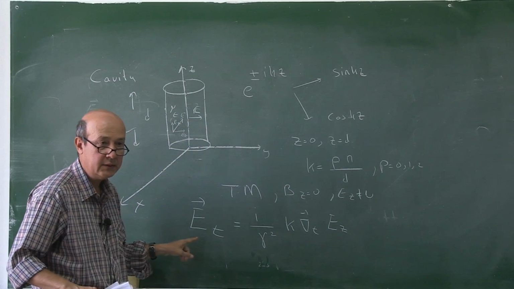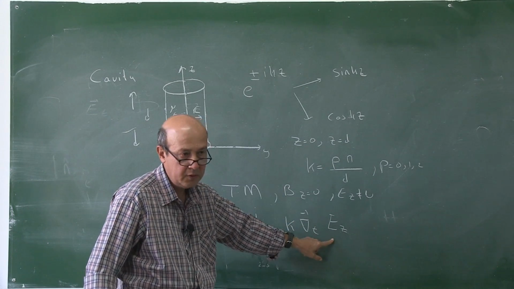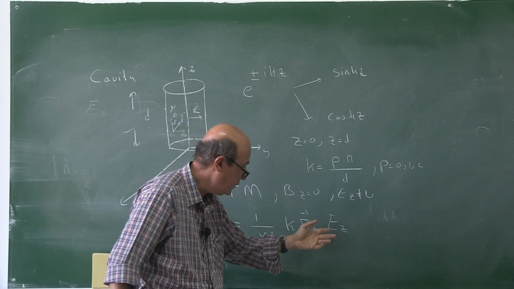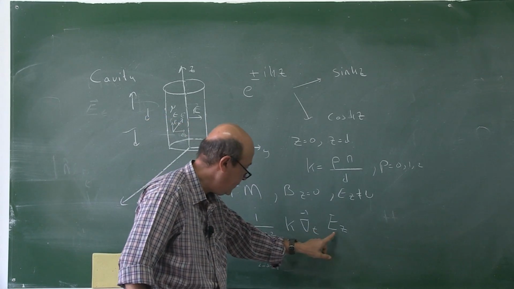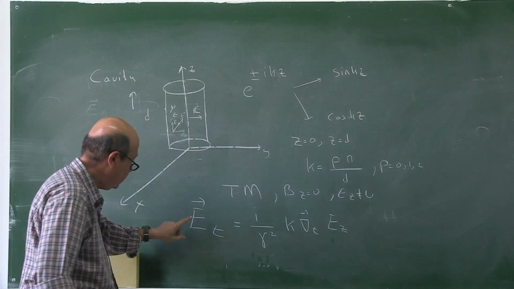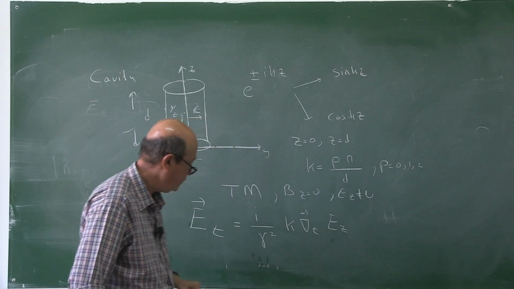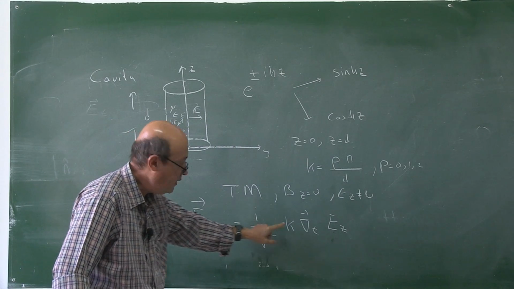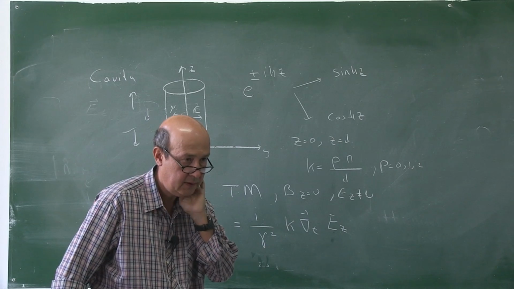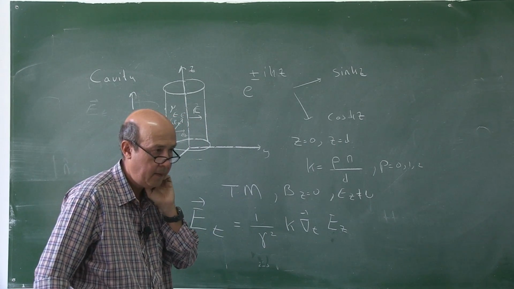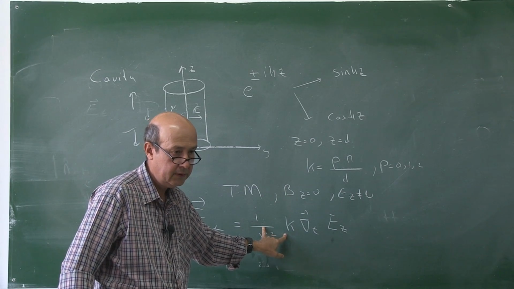Do you remember this? We are using this all the time. For Ez, we use psi for TM or TE modes, but for TM, psi is nothing but Ez. So E transverse is related to the gradient of Ez. But here you have an ik. Do you remember how the ik comes there in the derivation?